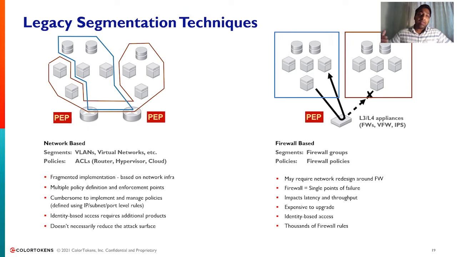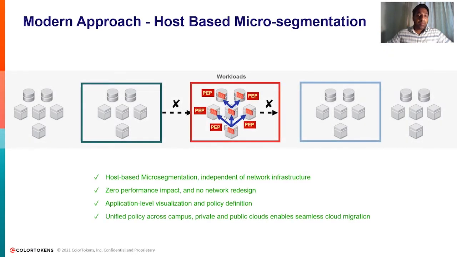But the modern approach will be host-based microsegmentation. As Udit explained, one of the key pillars in zero trust is microsegmentation. With microsegmentation, as you can see, it is host-based, where it will provide security independent of network infrastructure.